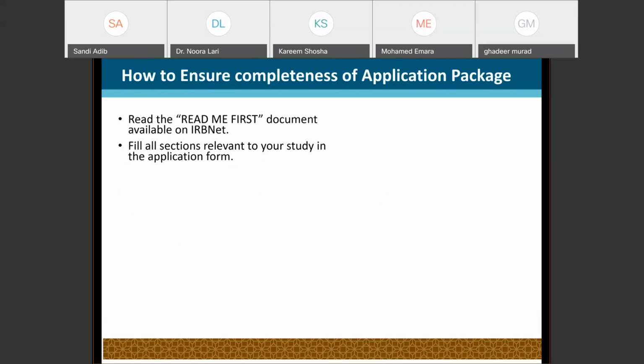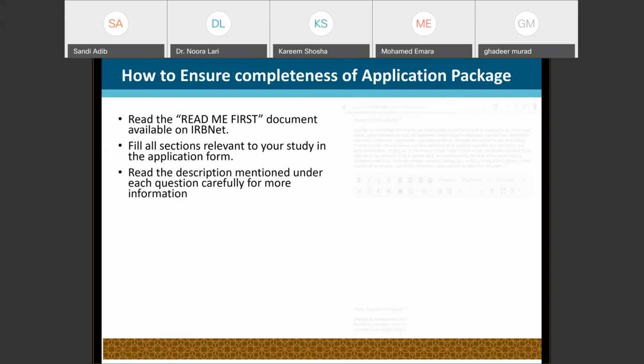Please fill all the sections relevant to your study in the application form. Sometimes we see some sections that are empty, and this will cost another email or notification to you to fill this section. Read the description mentioned under each question carefully for more information. The application form that is now available on IRB.net, the committee members made a lot of effort to describe exactly what is needed in each section.